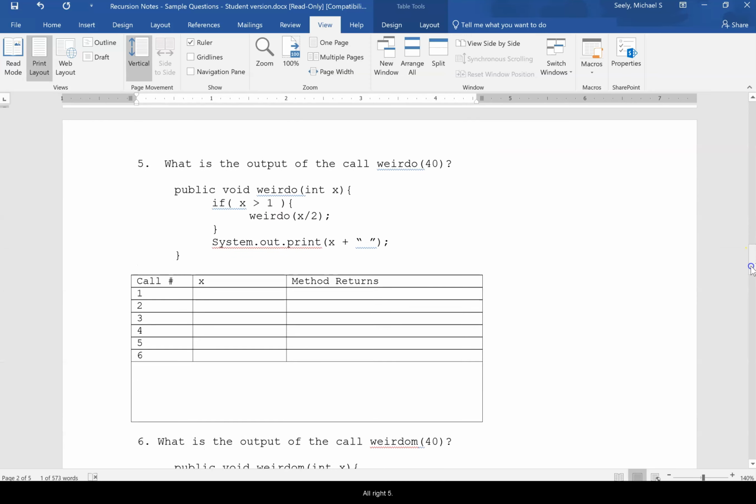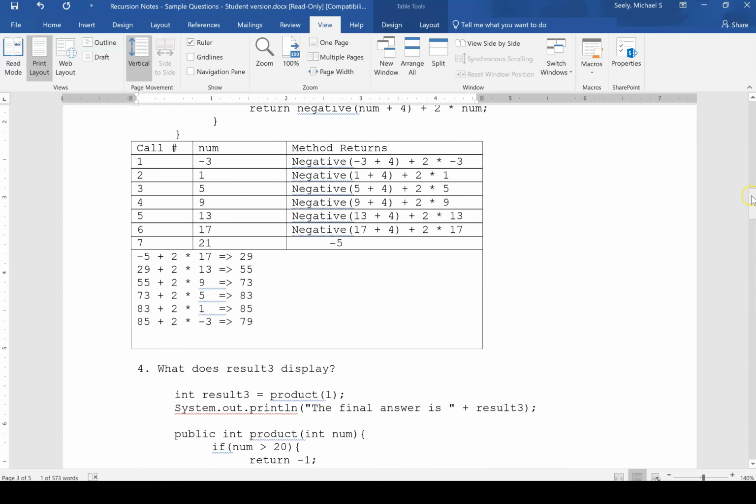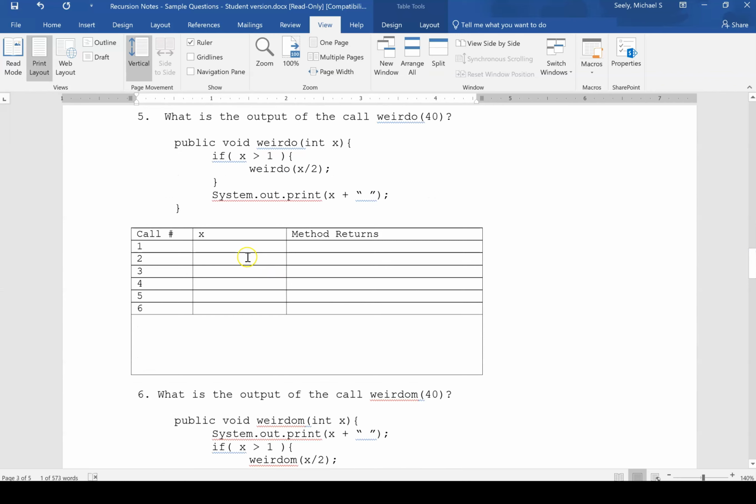All right, 5. Okay, we got what, weirdo? We passed 40 into it, so what is x? X is what, 40? So we've got, is 40 greater than 1? Yep, so then what do we do?